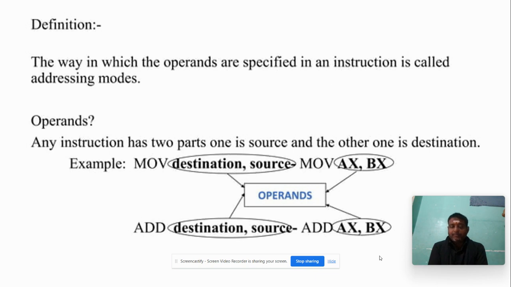The operand can be further divided into source operand and destination operand. For example, MOV destination comma source. Example of an instruction: MOV AX, BX. Okay, this is the basic instruction format of the 8086 microprocessor.